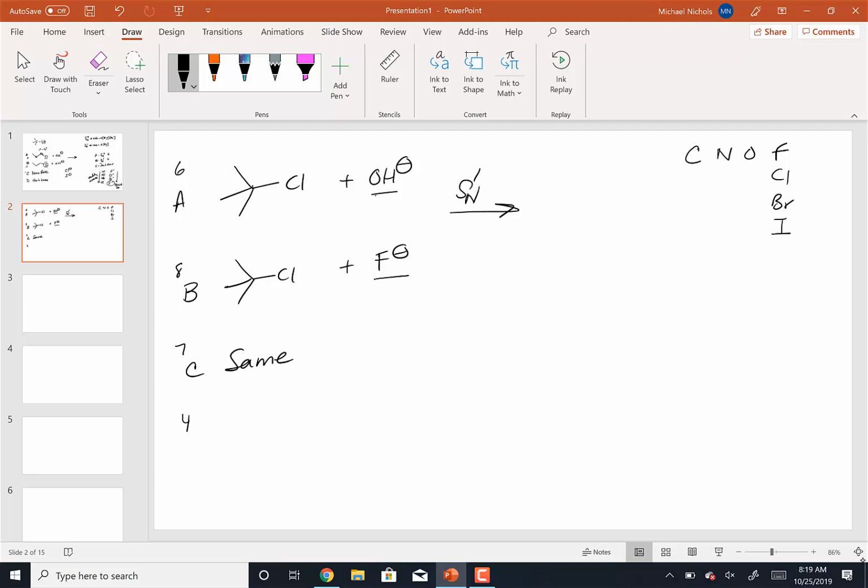Let's vote on which one is a better nucleophile, hydroxide or fluoride, and you do not have the option of saying they are the same. So one of these two is a better nucleophile. Which one is it, fluoride or hydroxide? Hydroxide is A, fluoride is B.